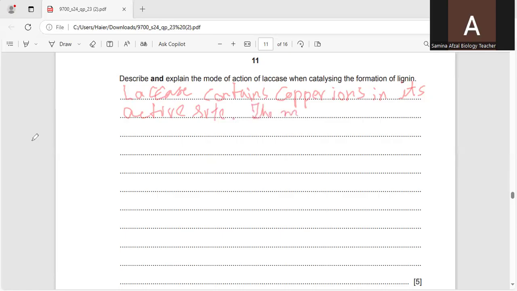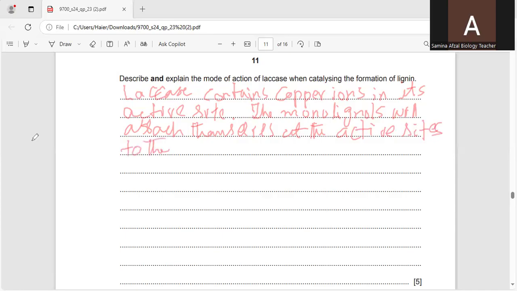The monolignols will attach themselves at the active sites to the copper ions.